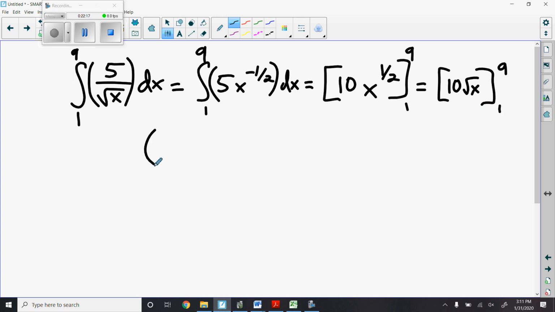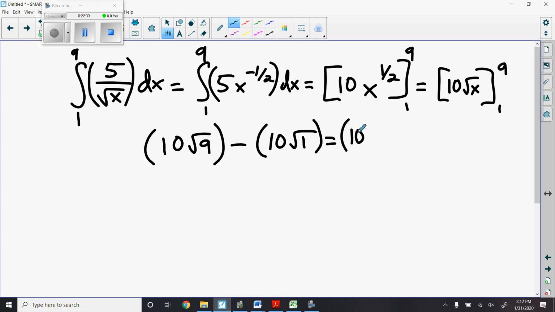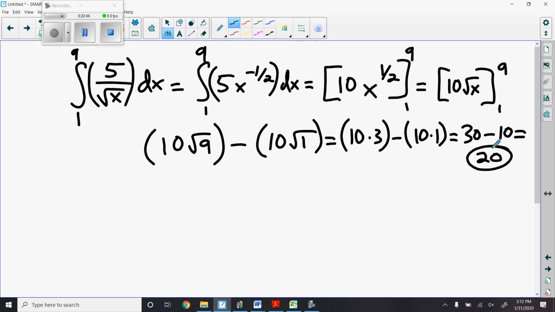Plugging in then, I get 10 root 9 minus 10 root 1. Okay, well, root 9 I know is 3. So I have 10 times 3 minus root 1 is 1 times 10 times 1. That's going to give me 30 minus 10 for a final answer of 20.